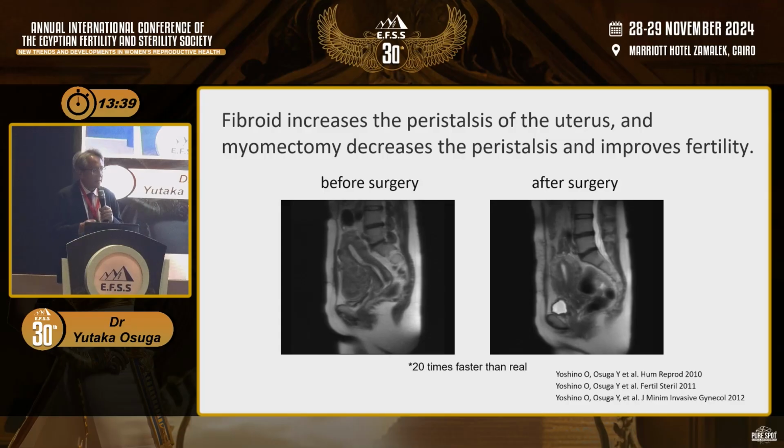This is our study from several years ago. We found that fibroids are highly likely to stimulate the increase of peristalsis, so myometrial movement, at the time of implantation. As you can see here, the left-hand side shows the movement of the myometrium by cine MRI, and the movement here is 20 times faster than real.